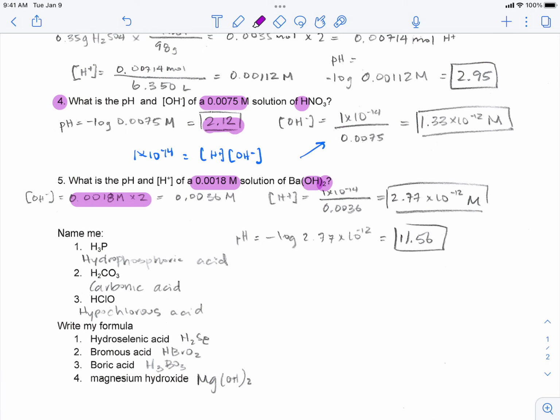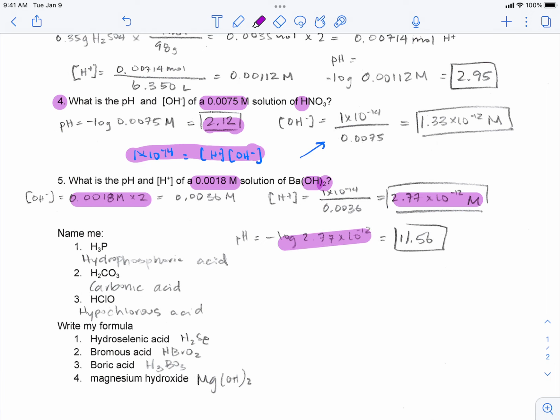Since that is the OH minus concentration, I can use the same equation I wrote here in blue, the KW equation, to solve for the H plus, which I did right here. And then once I have the H plus, if I just take the negative log of that, you can find the pH. So that's what happened right here.